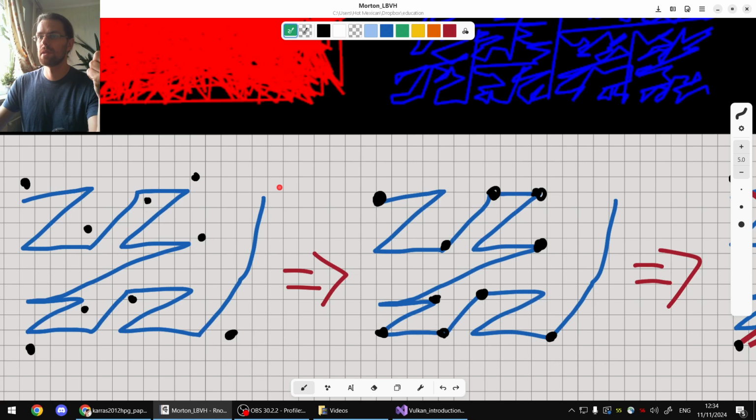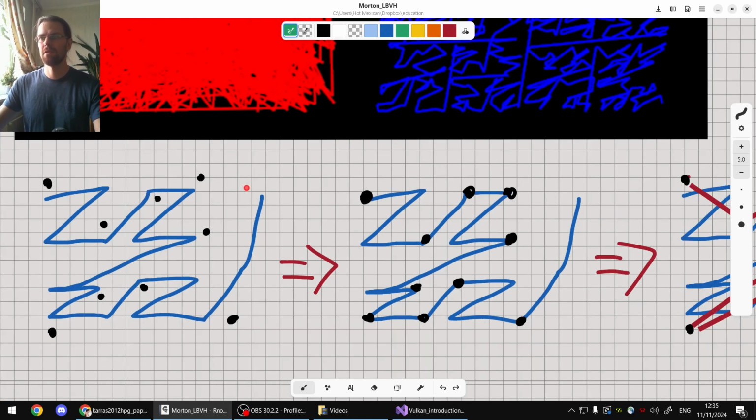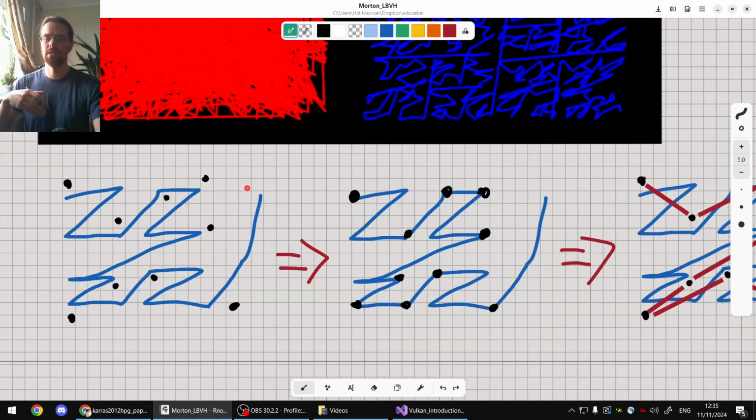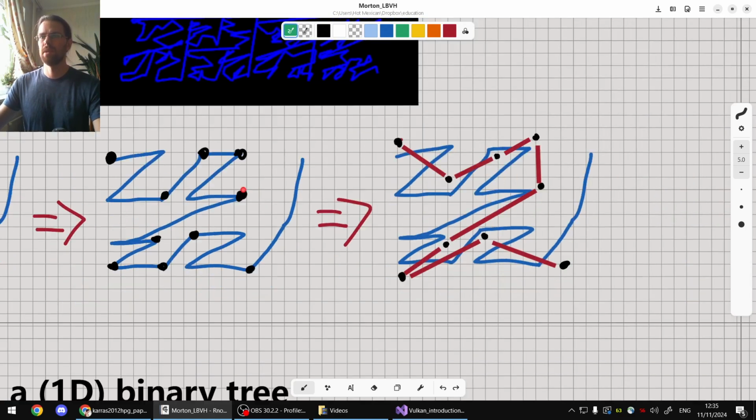So what happens is that these points in the Morton representations are truncated to the nearest point of this structure, but only the representation changes.